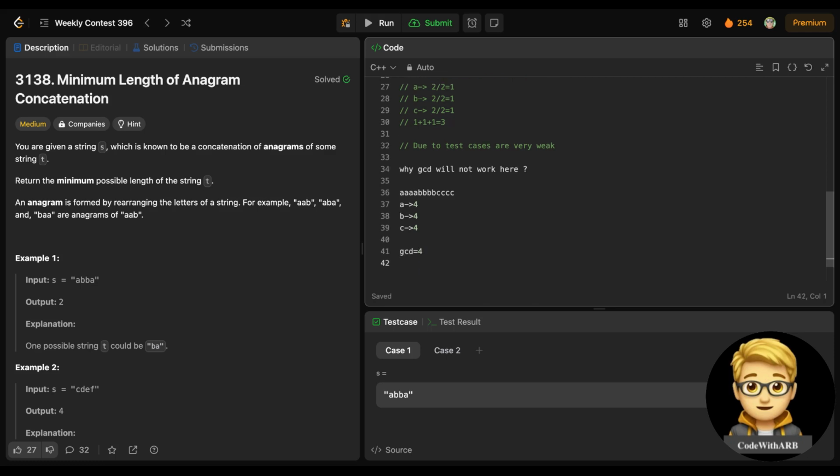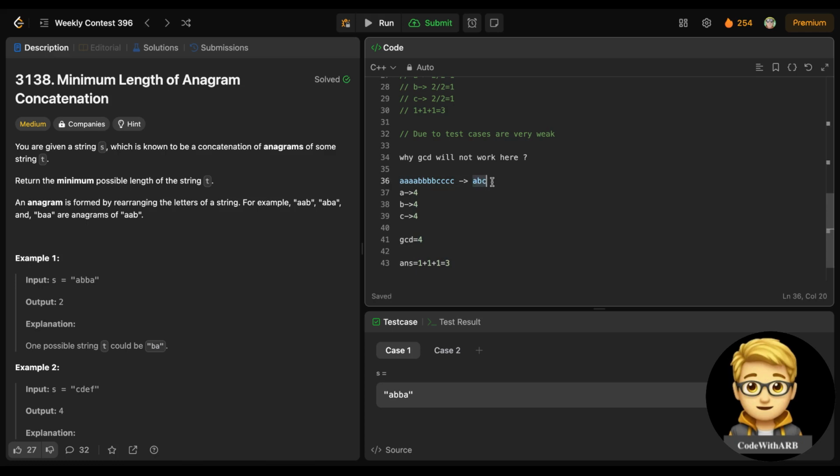And after that, we will divide by 4 again. So the answer will be 1 plus 1 plus 1 plus 1, right? Or the answer will be 3, right? Do you think that if I take three characters and concatenate all the anagrams, I will get this string? Suppose I take ABC, so its anagrams are BCA, CAB.